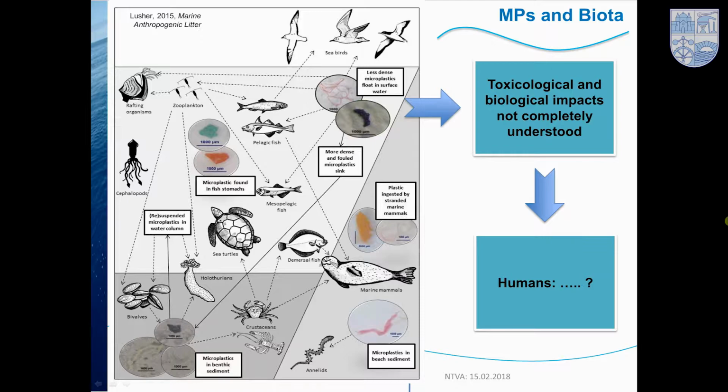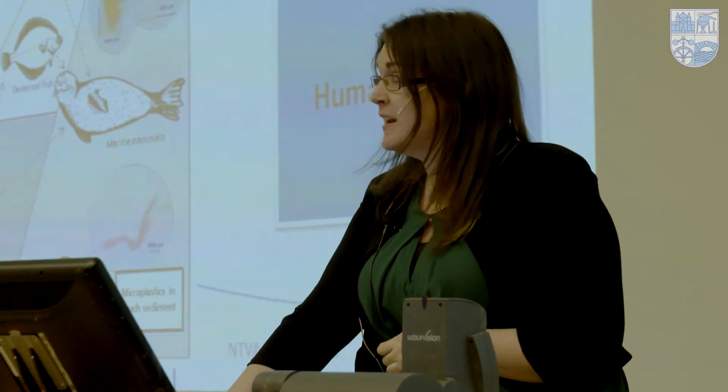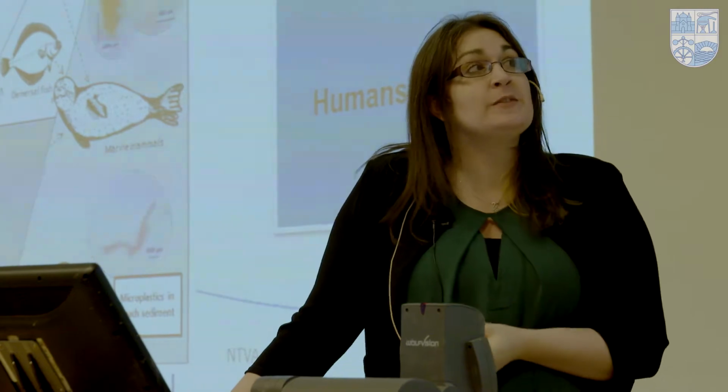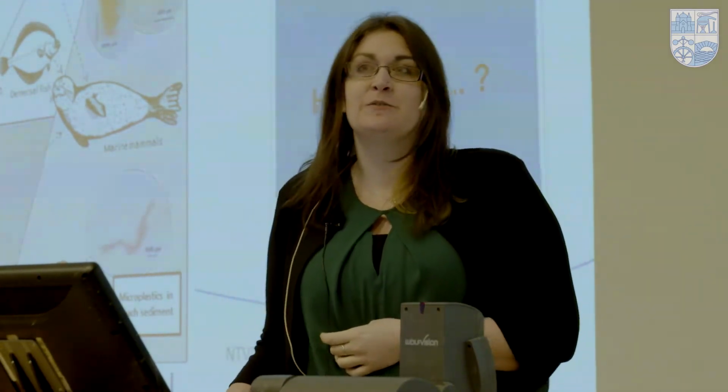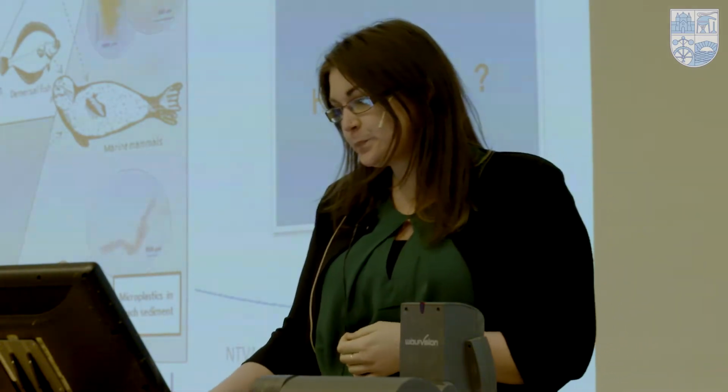And we don't really know much about humans either. So I am going to go into as much detail as I can from the research that's available and discuss ways forward to investigate the potential implications of microplastics on humans.